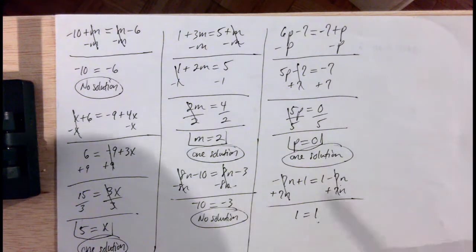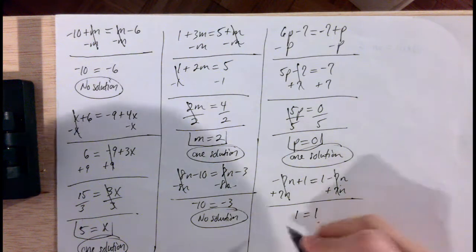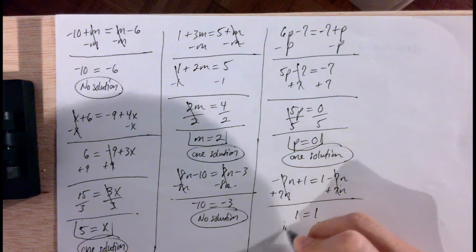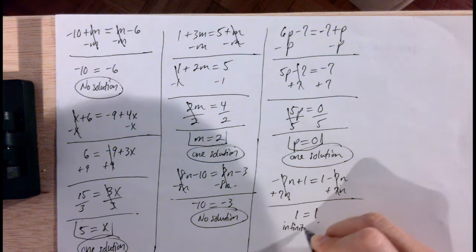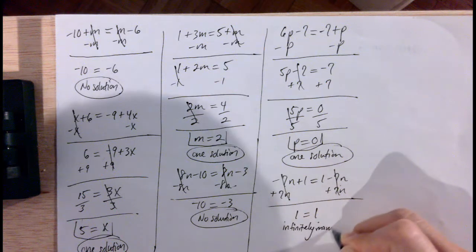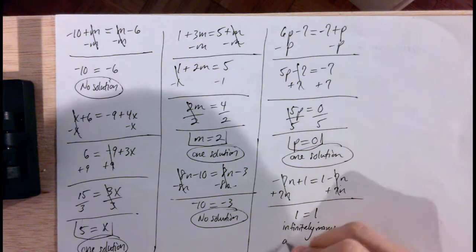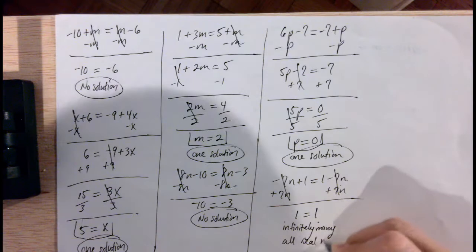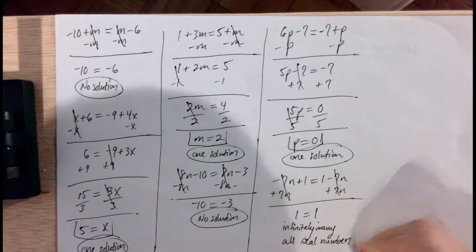I need to determine if it's true or false. 1 is equal to 1. That is a true statement. So I don't have one solution and I don't have no solution. Instead, I have infinitely many, or you can simply write all real numbers. Both are perfectly acceptable.